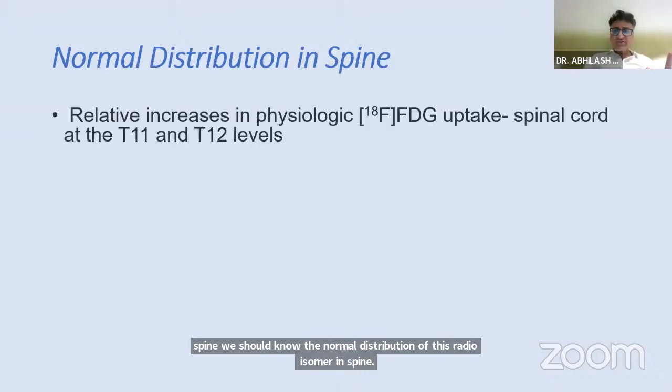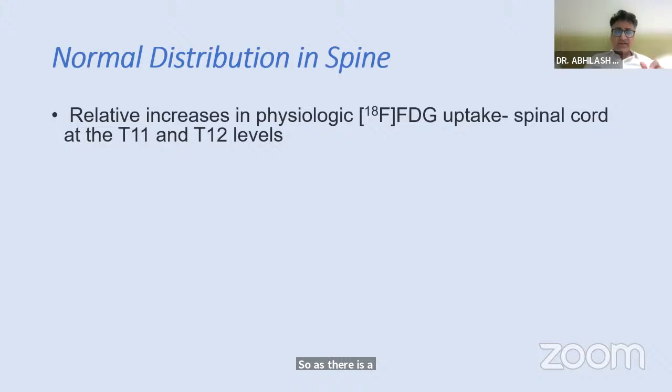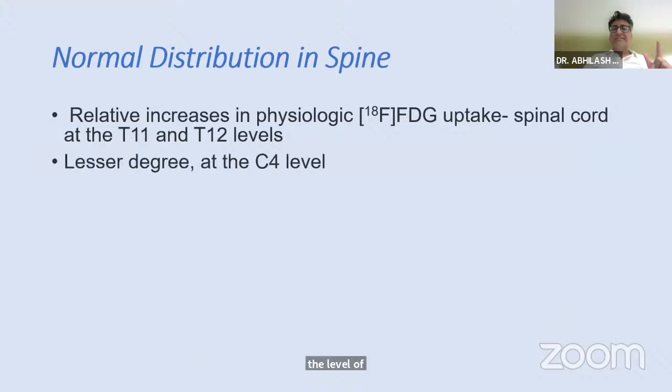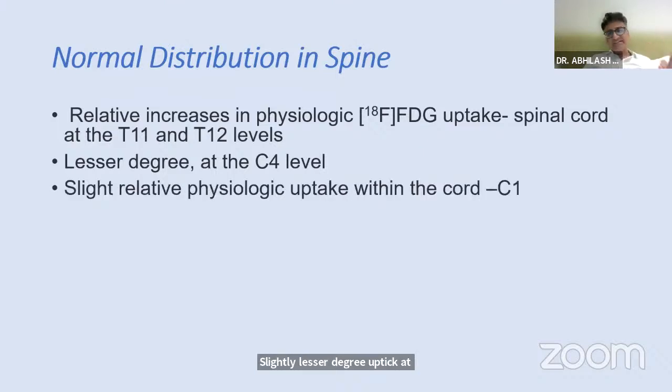Before we go into the applications of a PET CT in spine, we should know the normal distribution of this radioisomer in spine. There is a physiologically increased uptake at the level of T11 and T12, slightly lesser degree uptake at C4 and some uptake at C1.